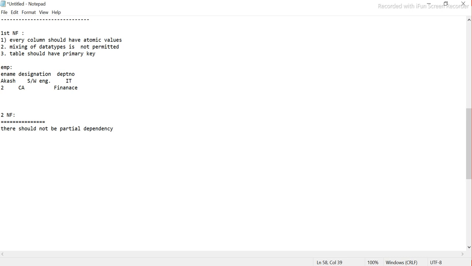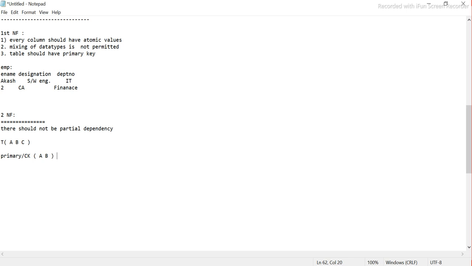Partial dependency means, let's say I have a table T and I have three columns A, B and C. In this case, let's say I have the primary key or the candidate key. A and B, these two columns are forming a primary key.